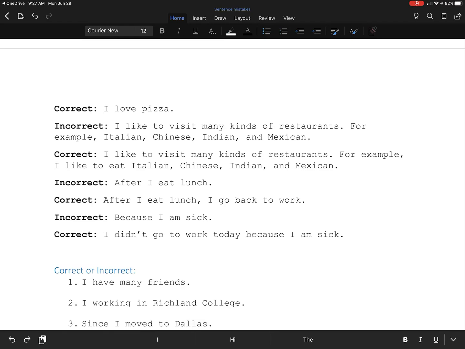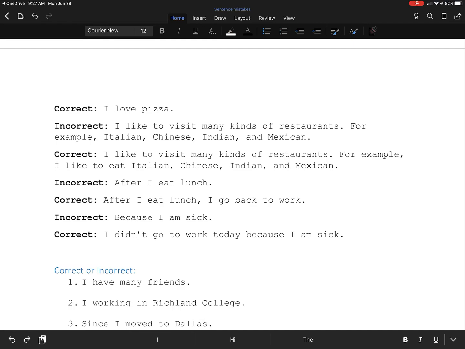Many times, students like to use for example. And that's great. I like it when people use for example because you're making more sentences and you're thinking clearly, not just about the details, but you want to make it longer.